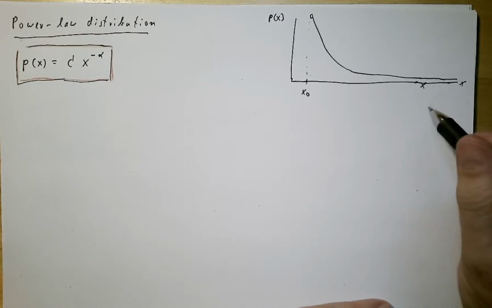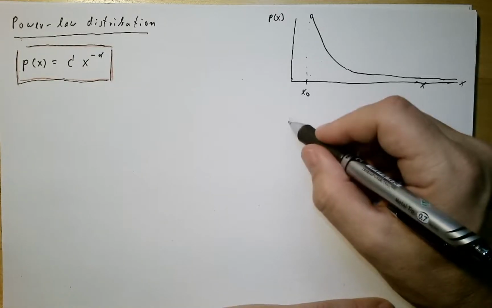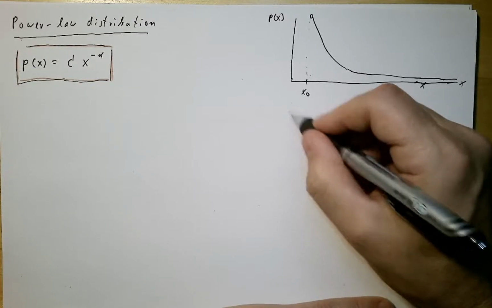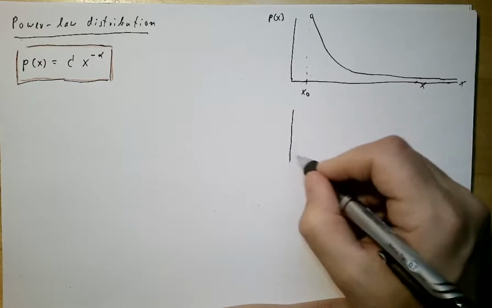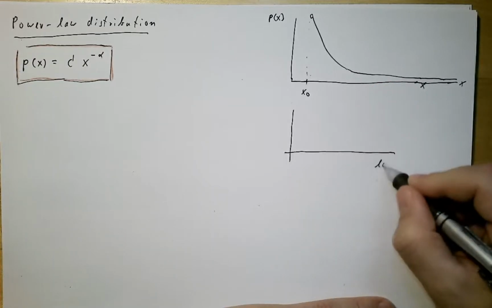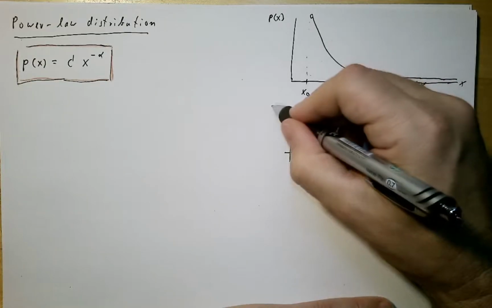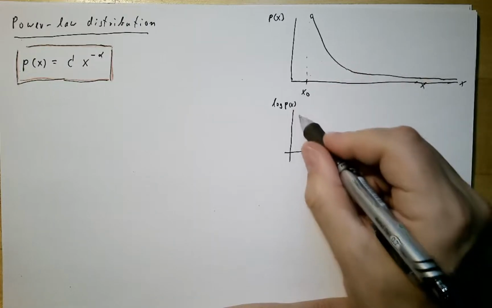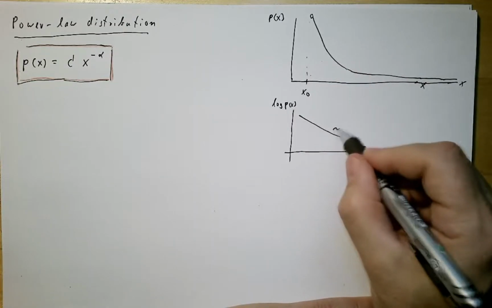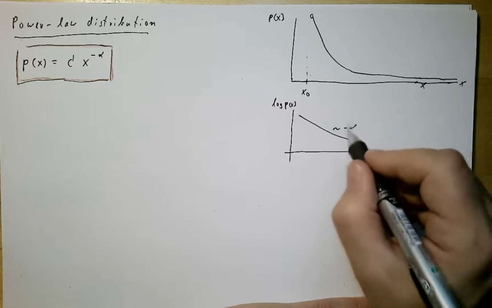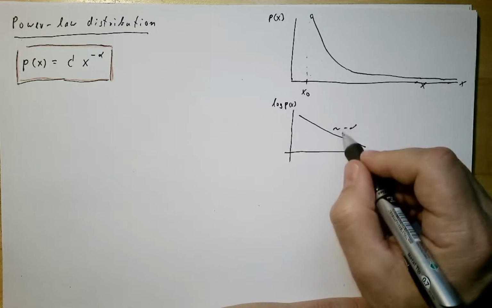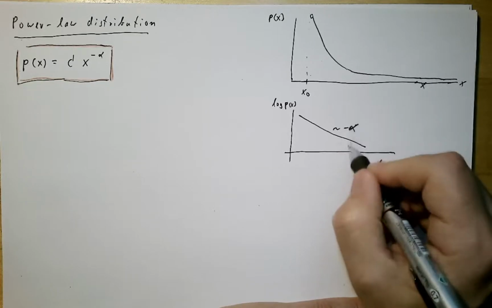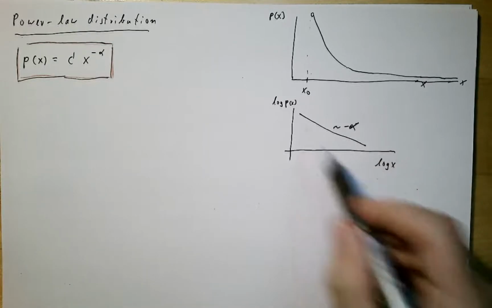If we plot the distribution on a double logarithmic scale, with log x and log p of x, then we will find a straight line, and the slope will be minus alpha, because the slope is negative.